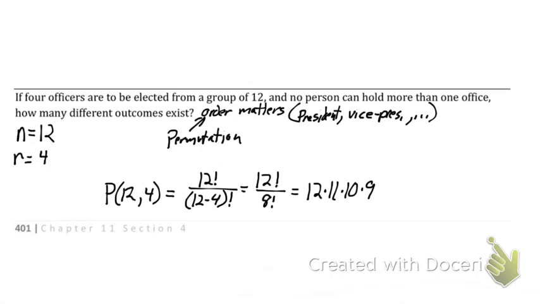This is the one that's nice and easy in case you can't find your factorial button or you just have a 4 function calculator, because now you can just do 12 times 11 times 10 times 9, which comes out to 11,880 different ways.